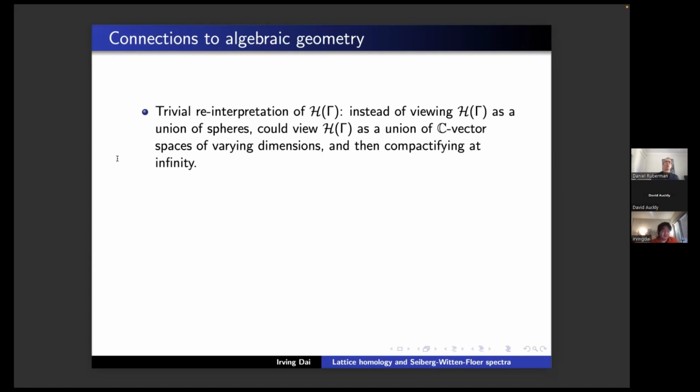And you can see that this is just trivially a rephrasing of taking a bunch of spheres and gluing them together along a bunch of S1 spheres and along subspheres. So you can view the construction as just some sort of arrangement of subspaces inside of some Cn.